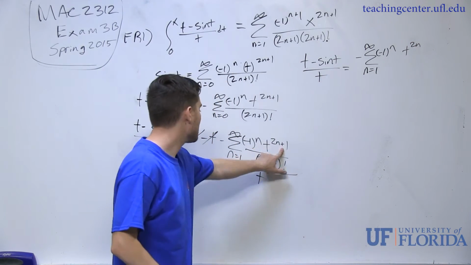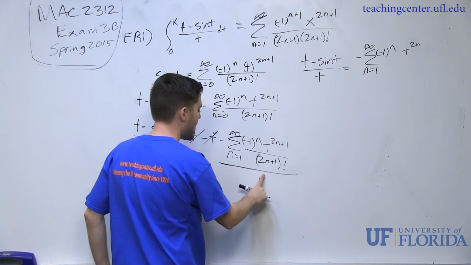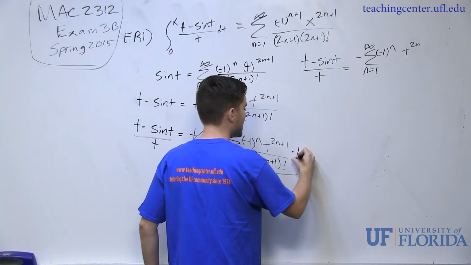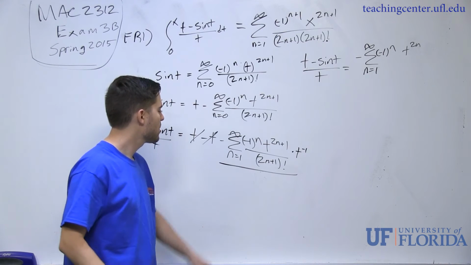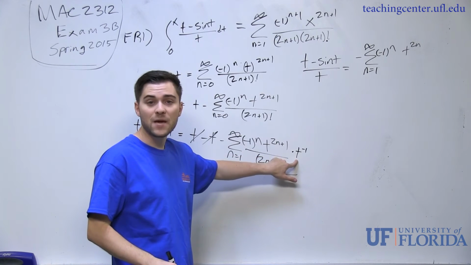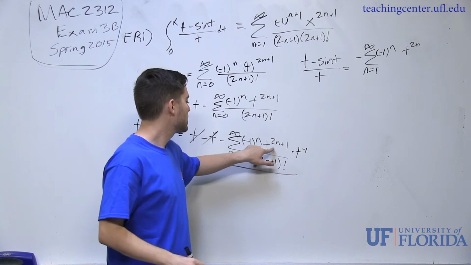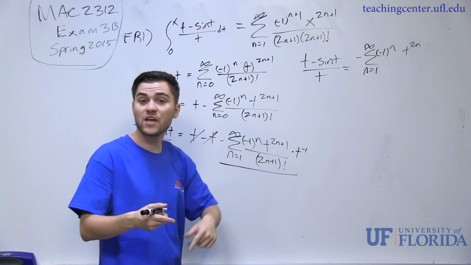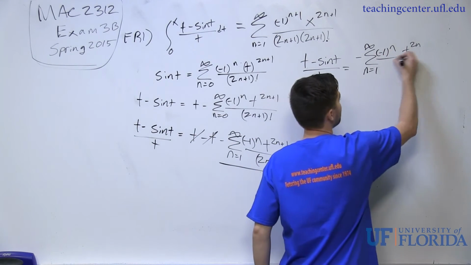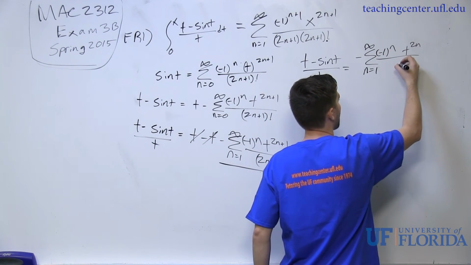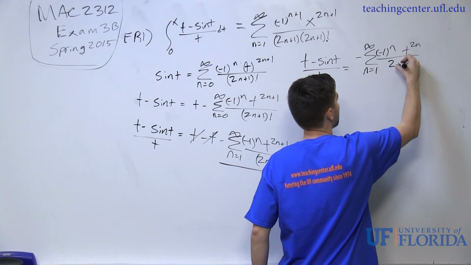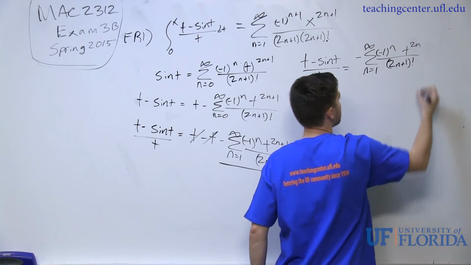I have t to the 2n plus 1, but if I divide by t, I can bring that up as t to the negative 1. These powers have the same base, so I can add them: t to the 2n plus 1 minus 1 is just t to the 2n. And I have a 2n plus 1 factorial on the bottom.